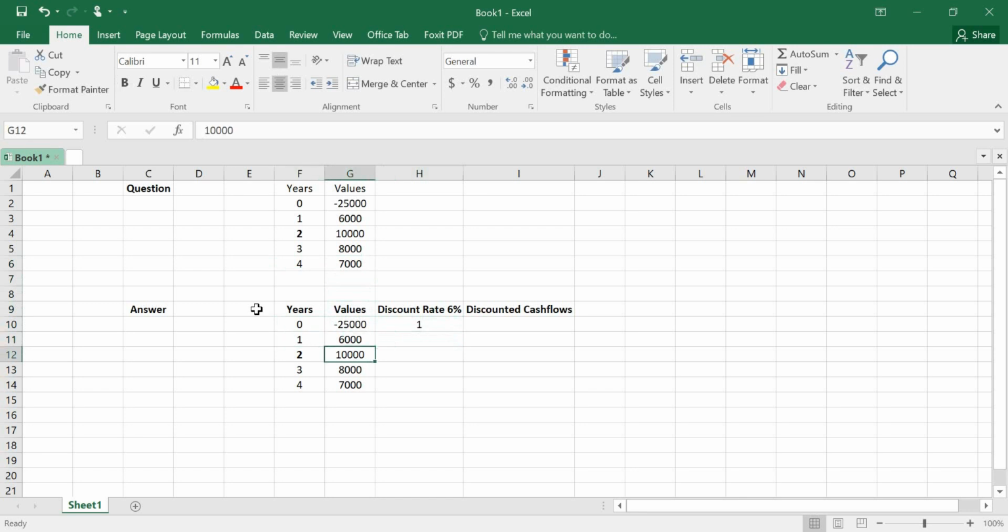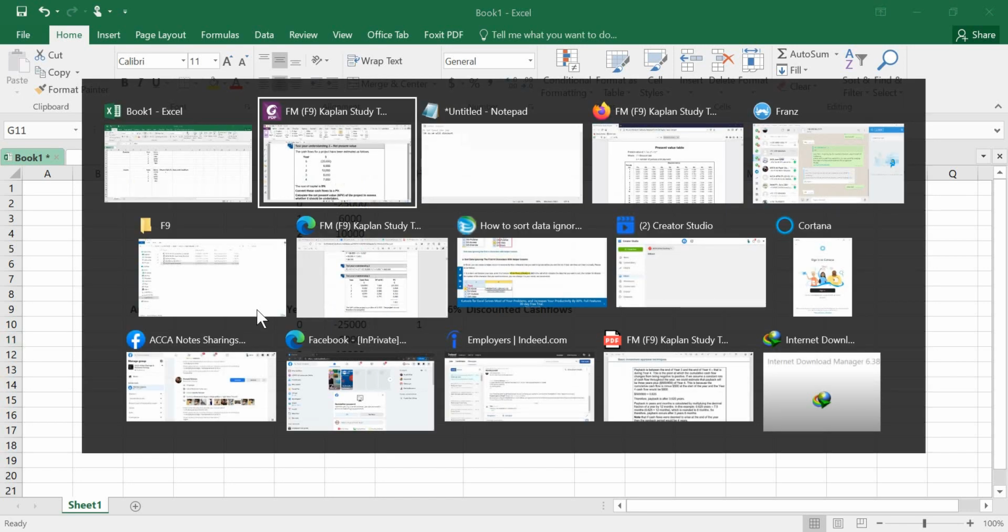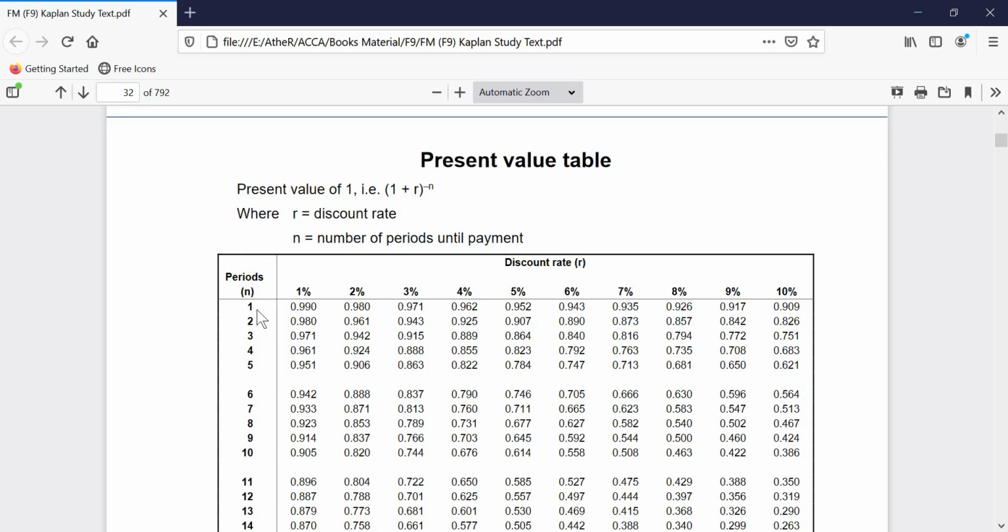To see the discount rate of the rest of the years, we will take help from the discount rate table, which will be given in the exams. Here you can see I have opened the book. You can simply find the present value table.